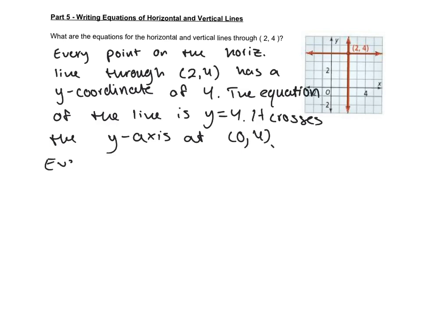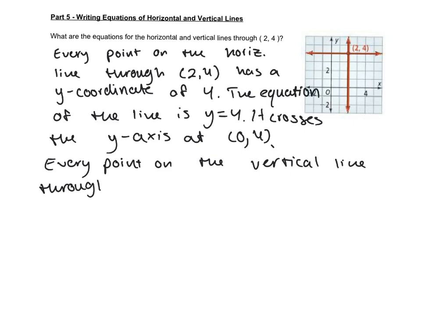And every point on the vertical line through 2, 4 has an x coordinate of 2.